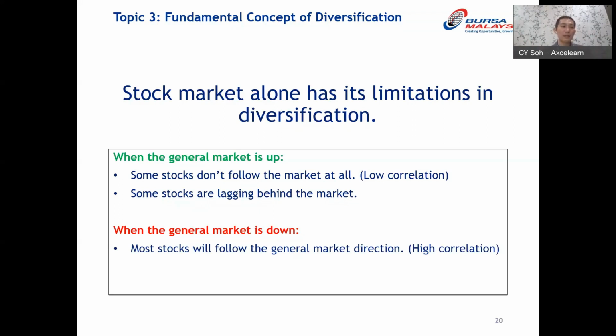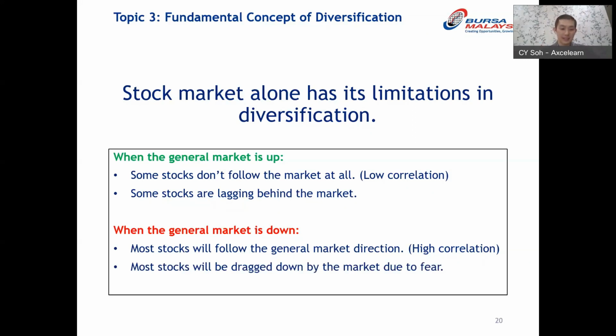Why? Because investors, or those who hold stocks, are fearful about the market. This is where they want to convert their stocks back into cash. This is why, when the general stock market is down, all stocks follow the general market direction. It's very, very highly correlated, and most stocks will be dragged down by the market because of fear.